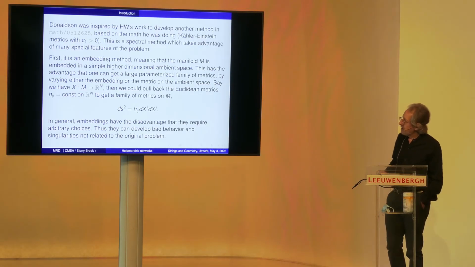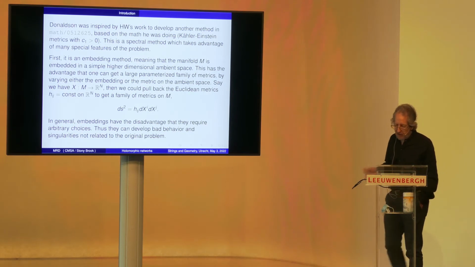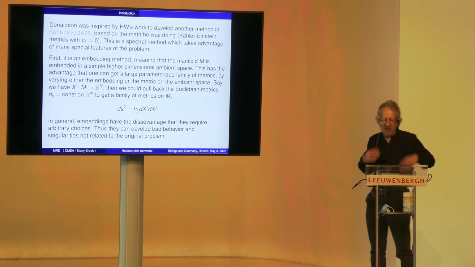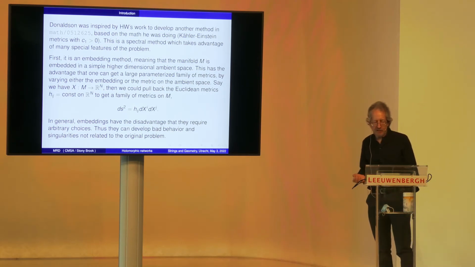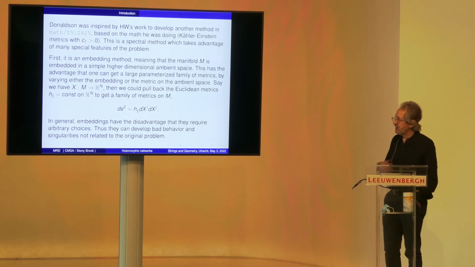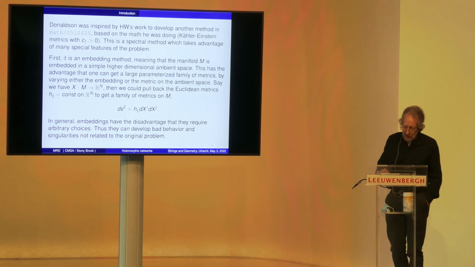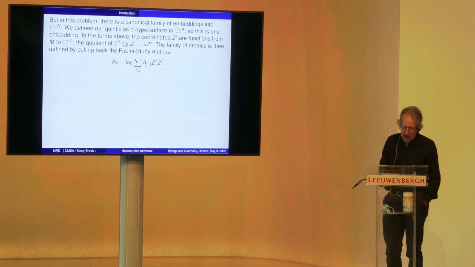And that would have advantages and disadvantages. And of course, what we all learn in GR is that we should not picture space-time as embedded in some higher dimensional space, and that when you do that, you've introduced features which are not in the original problem, and in particular, you might introduce bad behavior in singularities. So that's the potential problem.